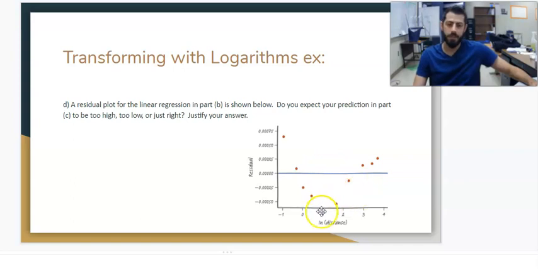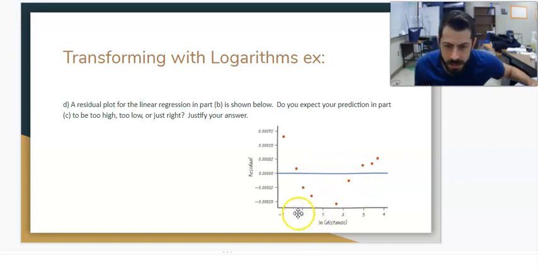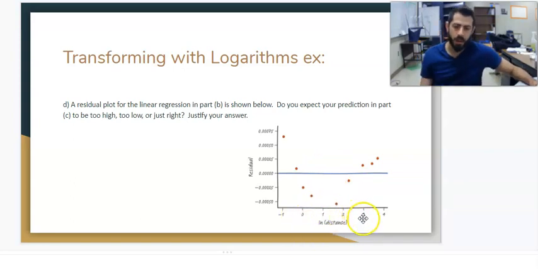If it's, for example, between 0 and 2.5, then we would make the case that our prediction would be too high because all of the real dots are below that. If it's more than that, since all of the dots are above, then we would say our prediction would be too low.